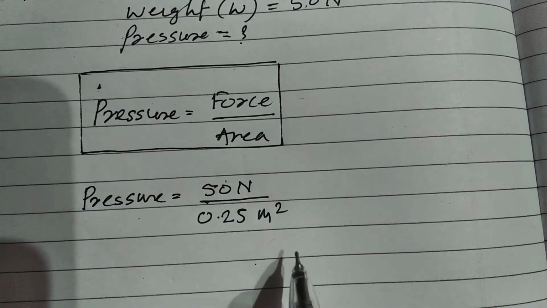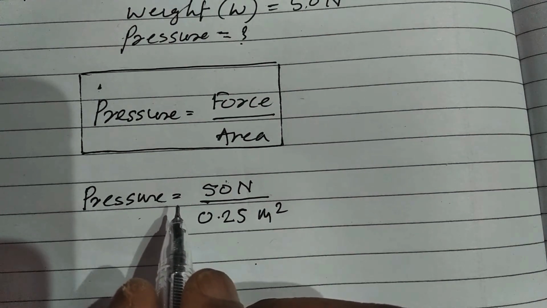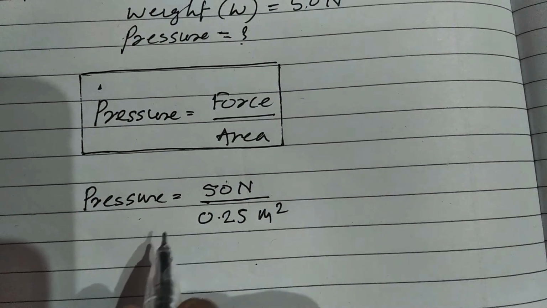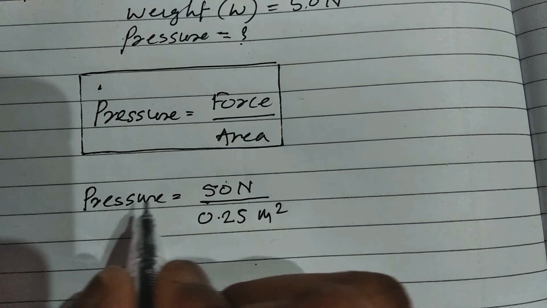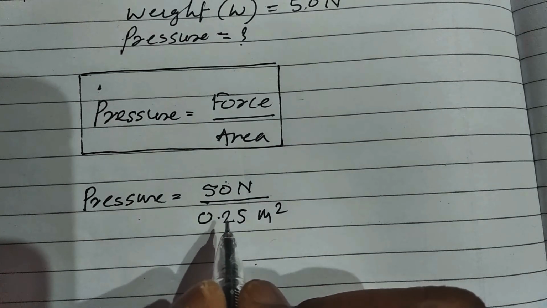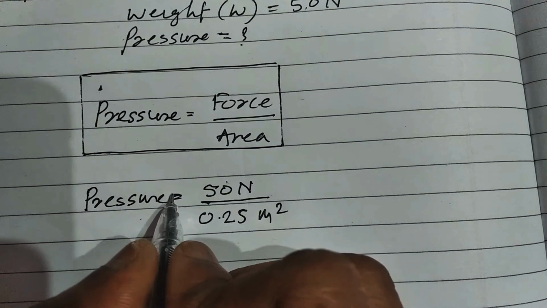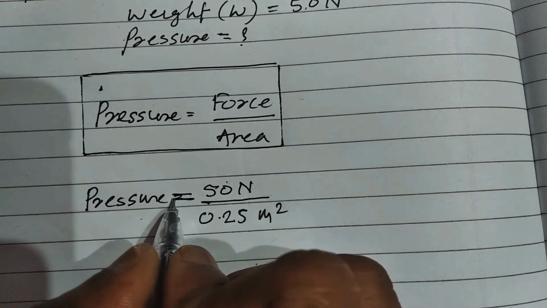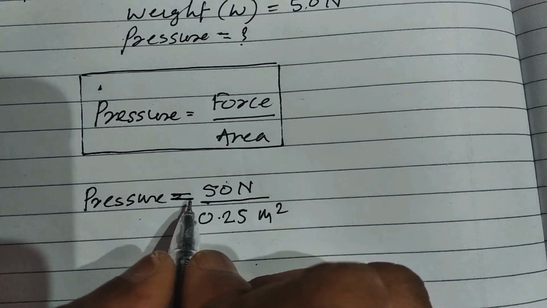Now I am going to solve, but by observing carefully I found it is an equation, because on the left hand side there is the term pressure, and on the other side there is 50 Newton divided by 0.25 square meter. In between there is a sign of equality. That is why this is an equation.